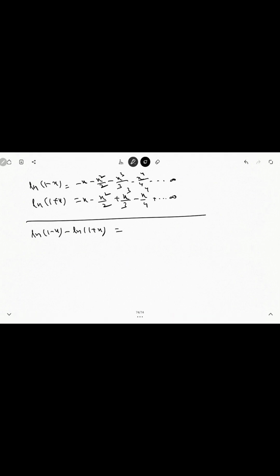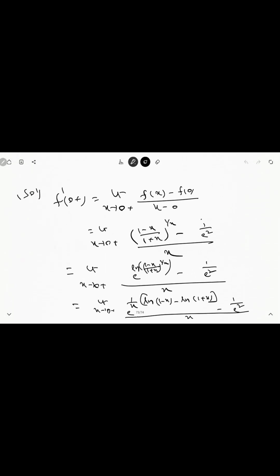Minus x minus x, minus 2x. Again the even terms will be cancelled. Minus 2x cube by 3, minus 2x power 5 by 5, minus so on. Divide by x, because we are having this one.